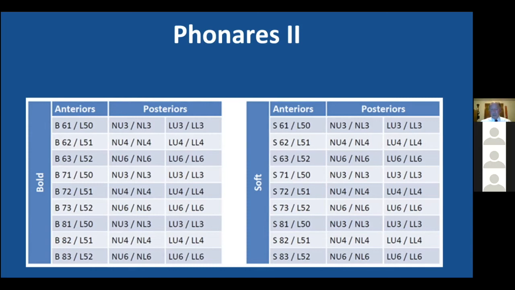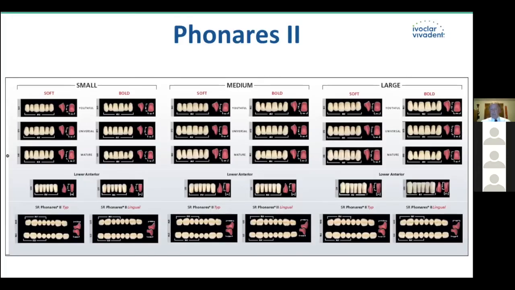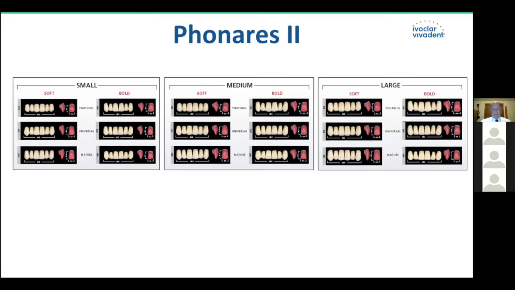So the facial appearance of the tooth, your expectations, is exactly as it would be if we looked at the mold guide for the Phonaris 2. If you're familiar with the Phonaris 2, great. If you're not, you'll find it to be a very simple, logical process. The anterior molds are broken down into small, medium, and large, and it's very simple to understand.